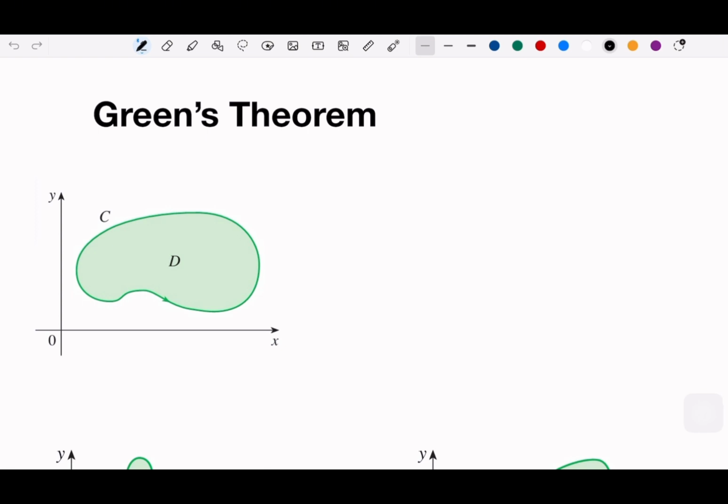And we are going to define what we call orientations. Okay. So this arrow we call a positive orientation. So this we call positive orientation.